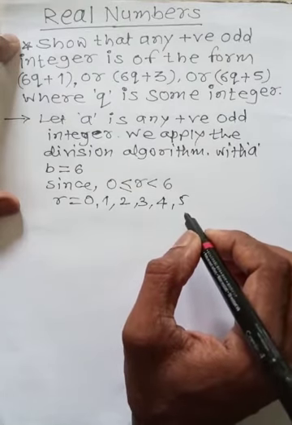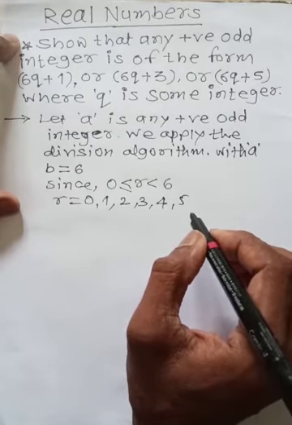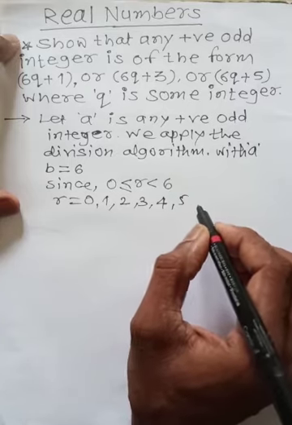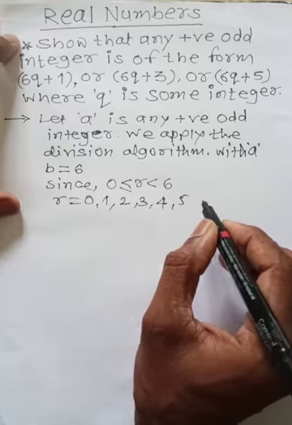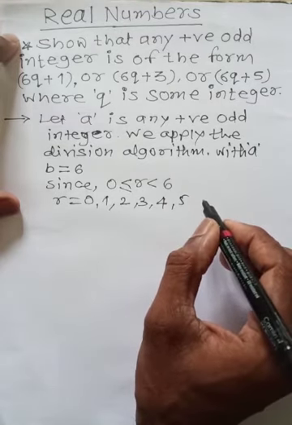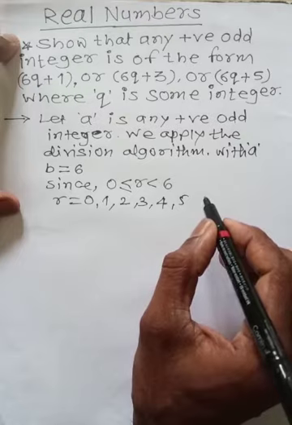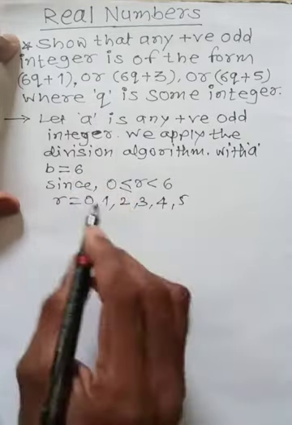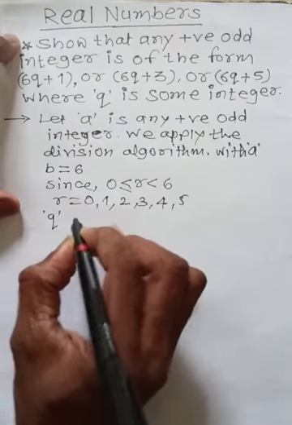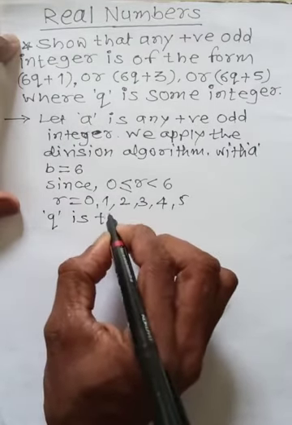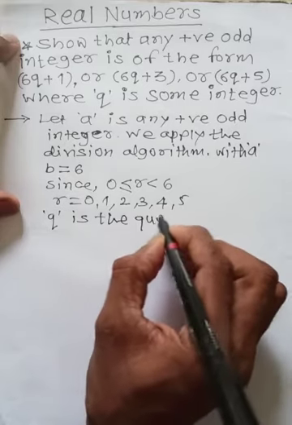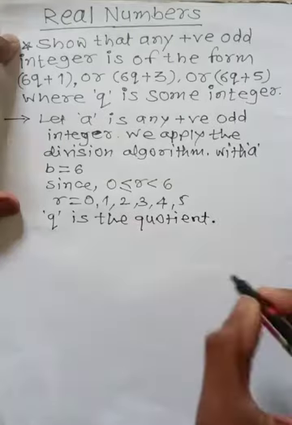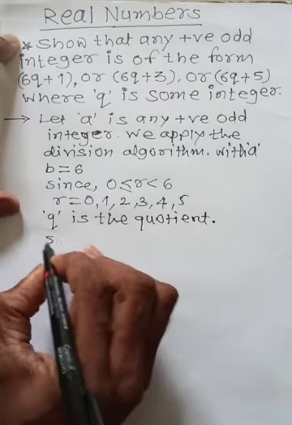That is, a can be 6q or 6q plus 1 or 6q plus 2 or 6q plus 3 or 6q plus 4 or 6q plus 5, where q is the quotient.